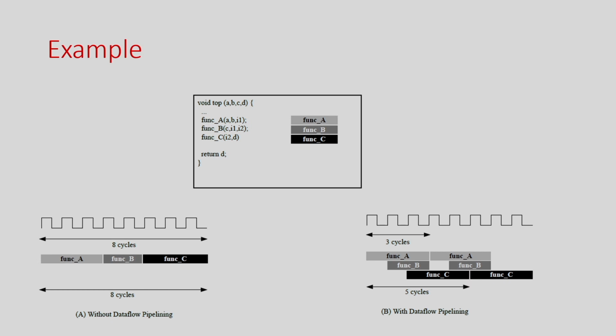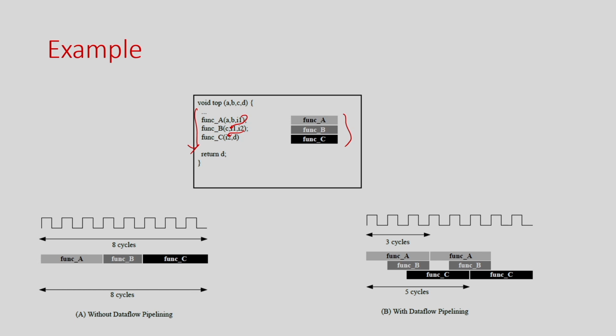Okay. So, the same example that I have taken arbitrarily. There are 3 functions A, B, C, and they have a producer and consumer relation. You can see here that it produces I1 and I1 gets consumed here, it produces I2, I2 gets consumed here. And you remember that it is not necessary that function B can only take input from function A, it can have some other inputs also like C, C is another input here, right.